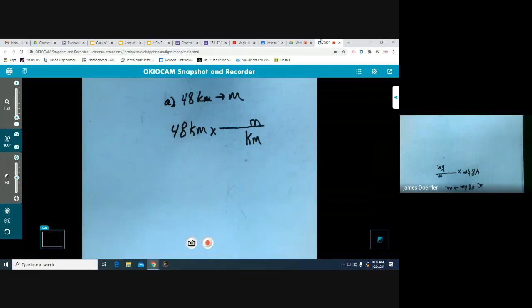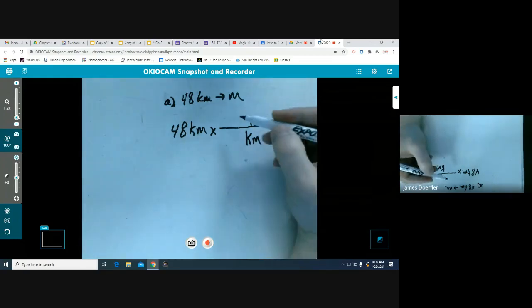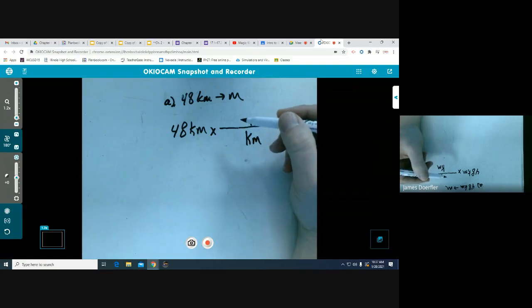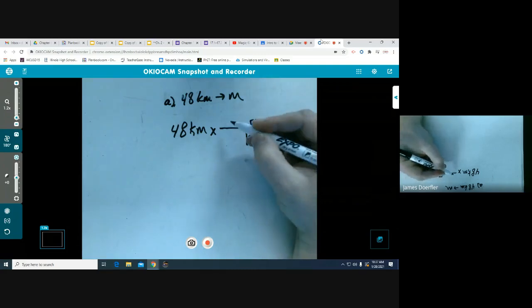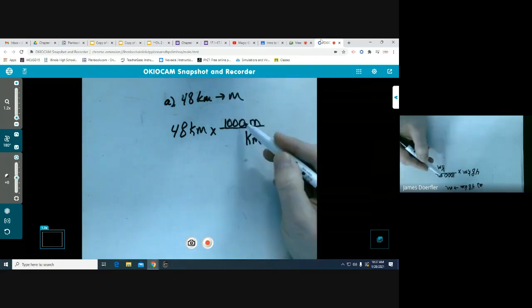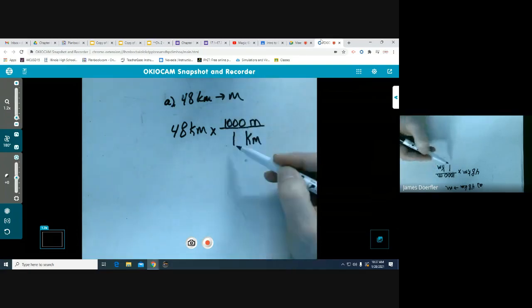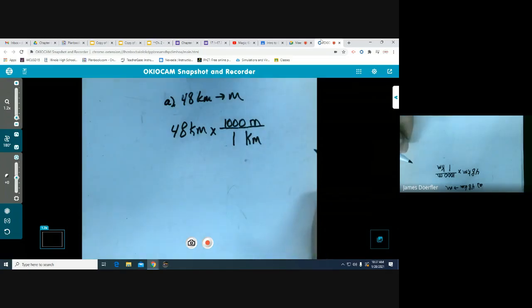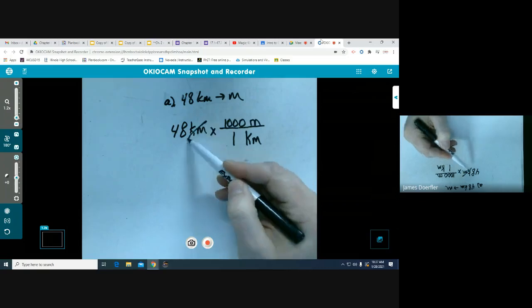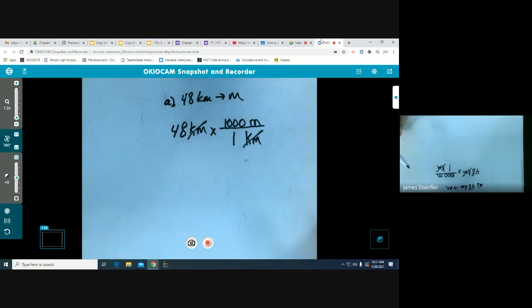Now, we were just told that there are how many meters in 1 kilometer? 1,000, or 10 to the third. So we place that: 1,000 meters is equal to 1 kilometer. Now that I've got it set up, my units of kilometers cross cancel.